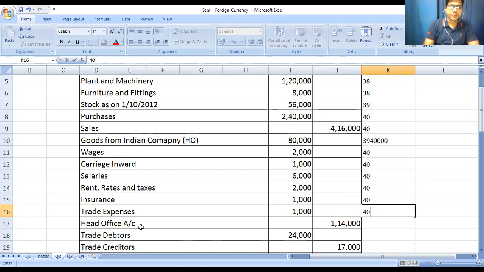Head office account 1,14,000 US dollar. It is one type of capital balance, which we have to show in our balance sheet liability side.